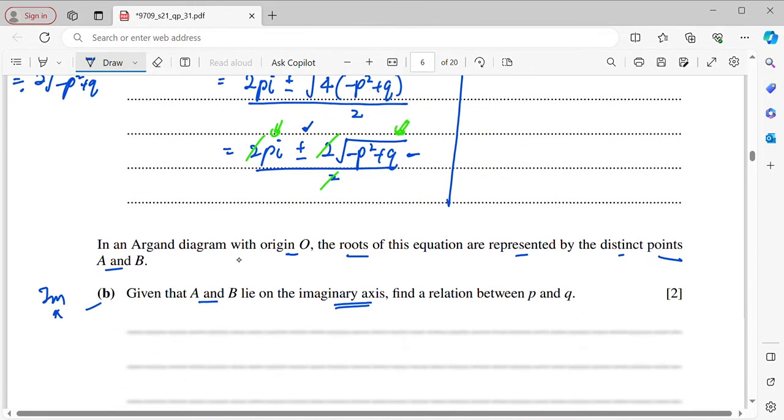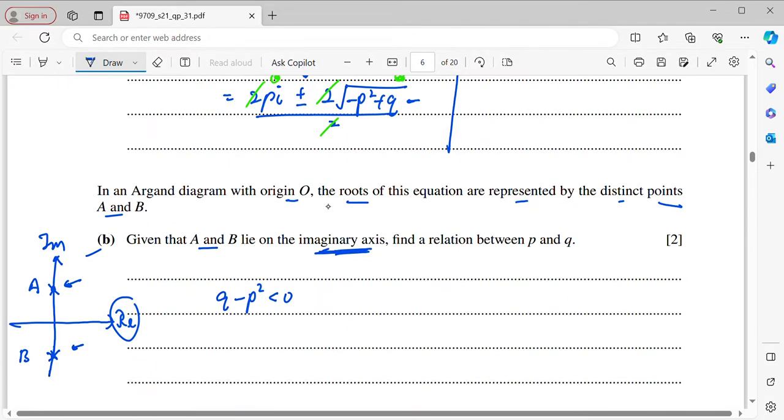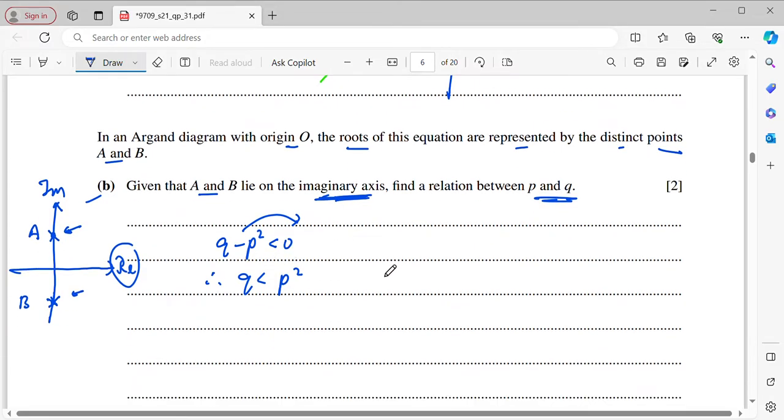So therefore q minus p squared must be less than 0 because A and B are on the imaginary axis. Okay, the idea is to get the i. Alright, therefore from here we need to get the relation between p and q. You can just move this minus p squared to the other side. Hence, your q is basically less than p squared. Okay, that's the solution for part B.